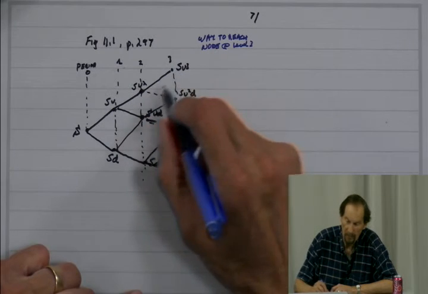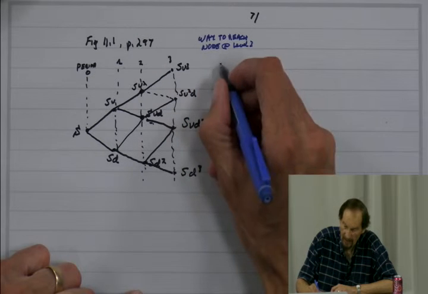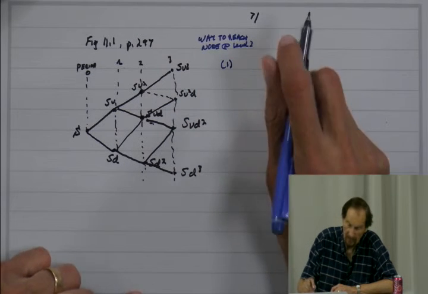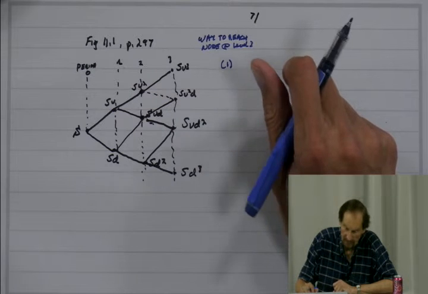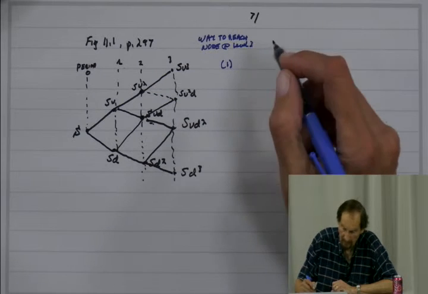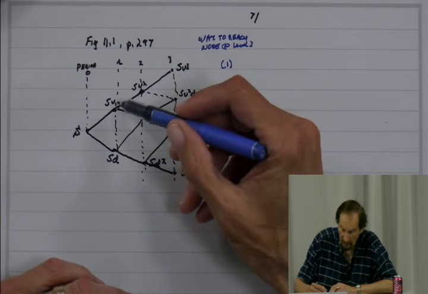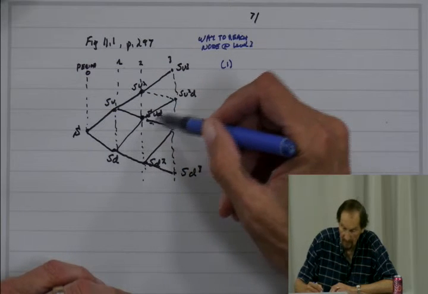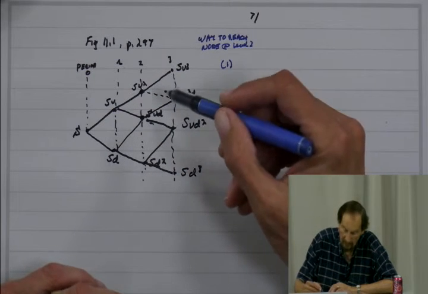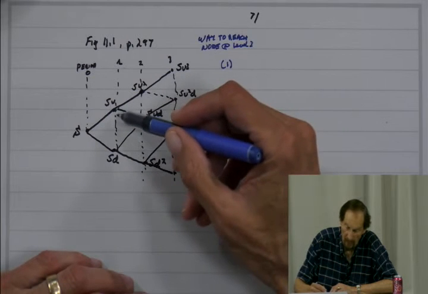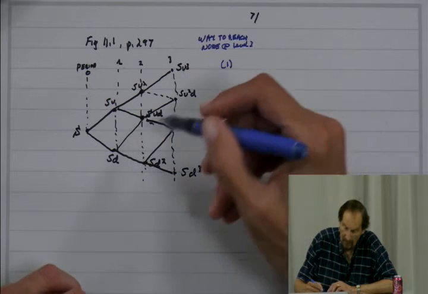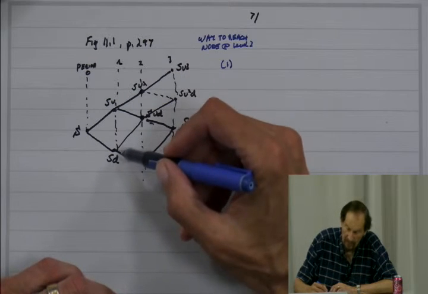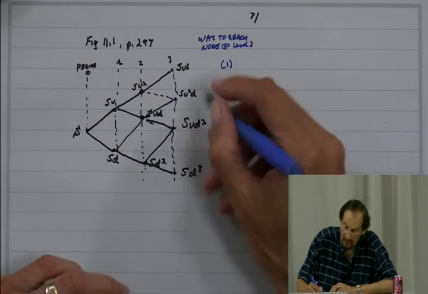You have to go up and up and up. Now let's look at the SU squared D. We could get there by a number of ways. We could go up first, then down, and then up. We can go up and up and down. The third way is that we can go down first, then up and up. So there are 3 ways to reach that node.